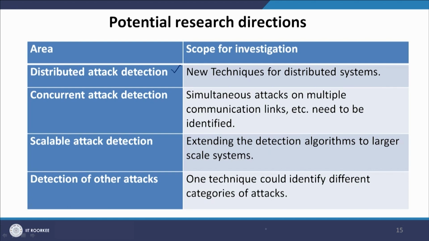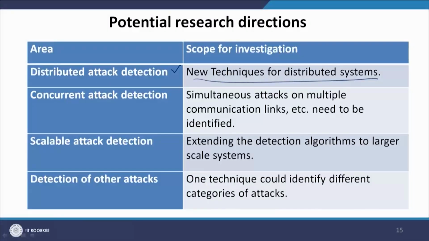The first one is distributed attack detection, with new techniques for distributed systems, and concurrent attack detection, where simultaneous attacks on multiple communication links need to be identified, which is very challenging. Scalable attack detection means extending the detection algorithm to a large size problem. You have done something for, let us say, n number of systems, now you are expanding to 1000 n, 2000 n systems. Now, detection of other attacks: one technique could identify different categories of attacks in any system.